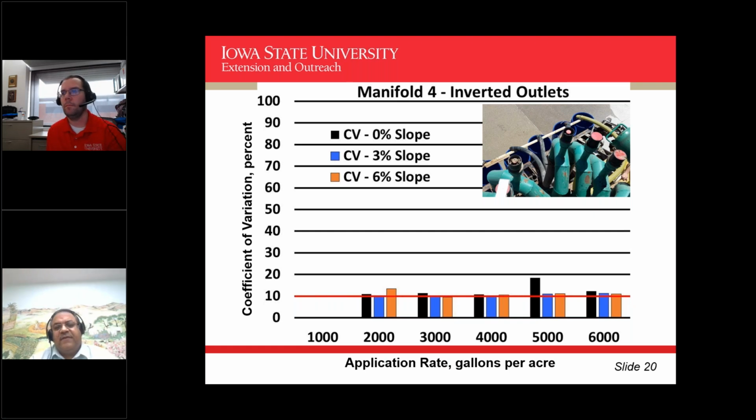In that configuration, which is what the real configuration out in the field would be, we did get a little bit higher variability than our previous test, but still we were below or around that 10% mark, which to us meant that it had pretty good performance for distribution. And that was across the board for all three slopes that we tested.